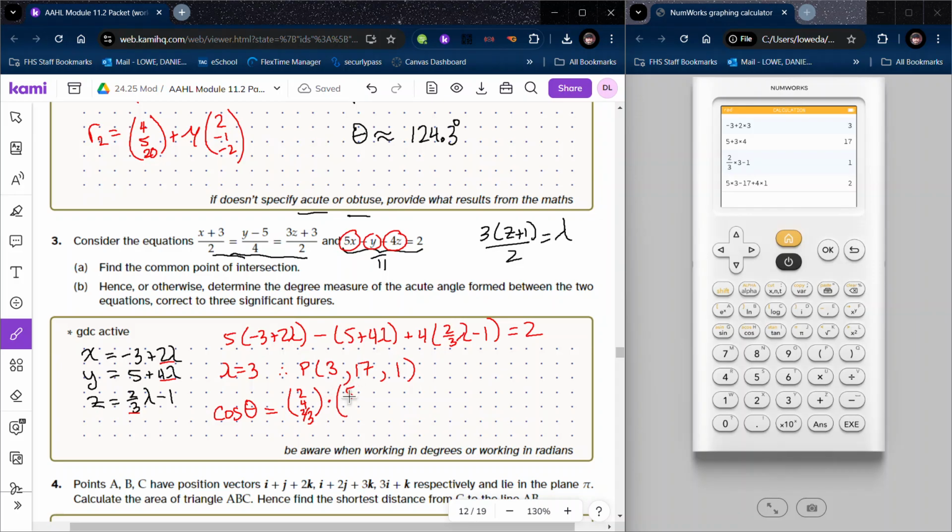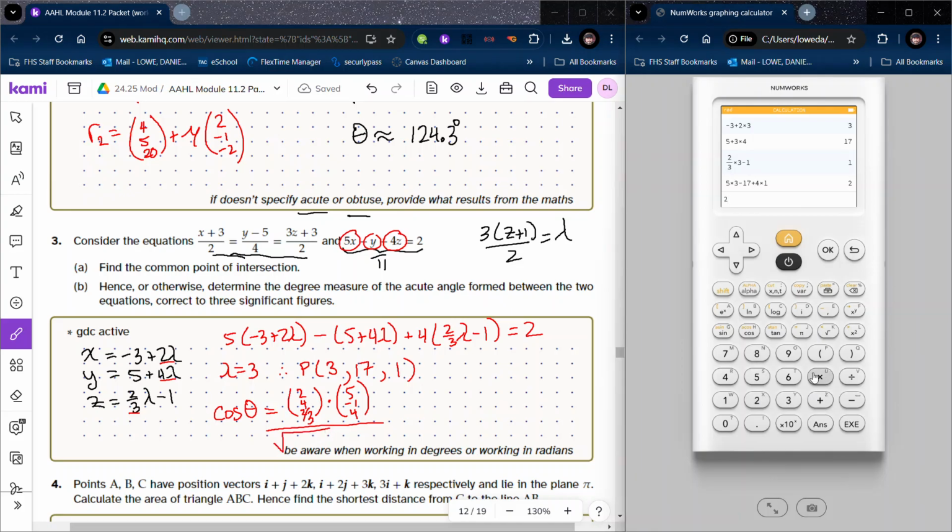We've got 5, -1, and +4 for my plane, and then all over the square root of 2 squared plus 4 squared plus 2/3 that quantity squared.